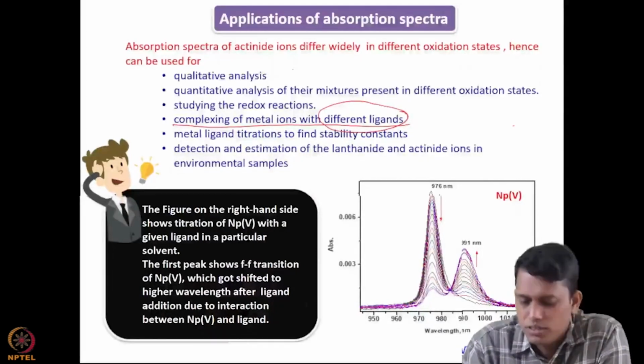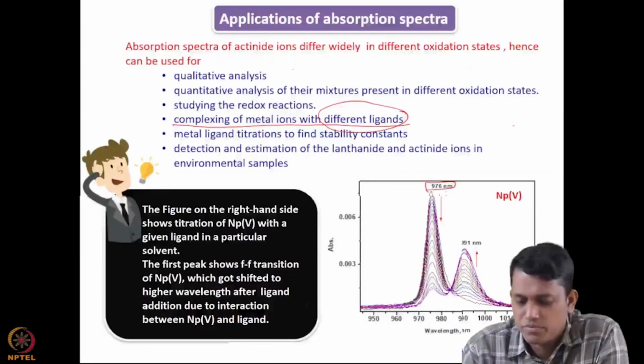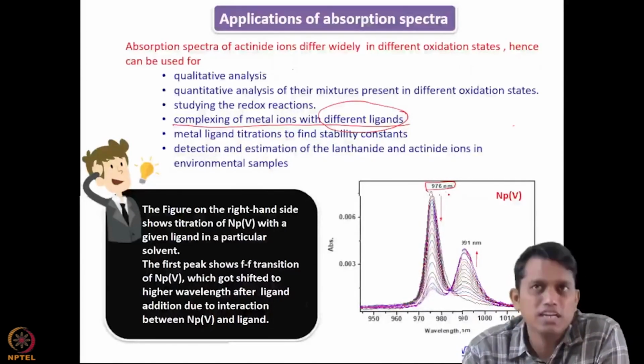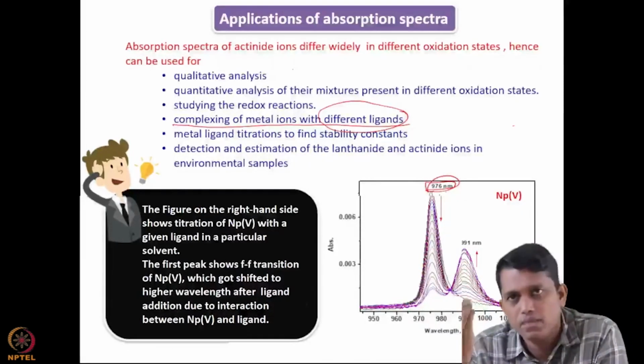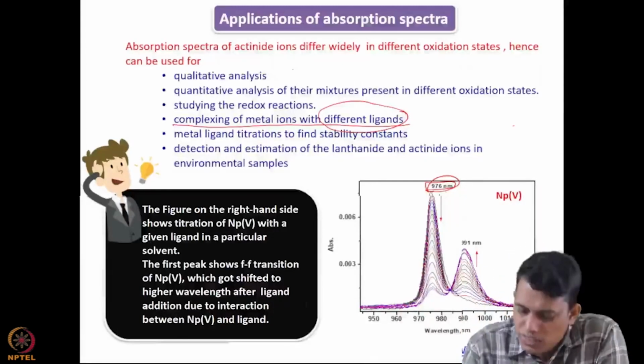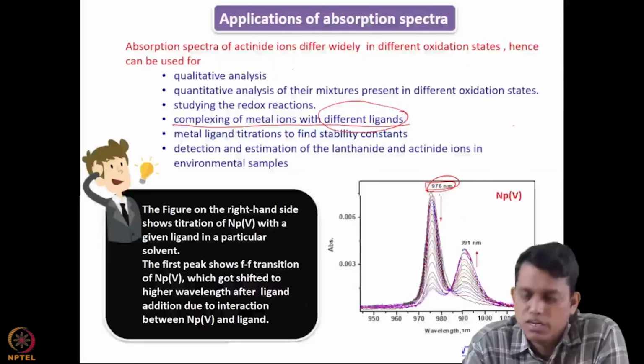Suppose you have a solution in which neptunium is coming around 976 nanometer. This is the solution which I have specifically prepared in some kind of ionic solvents, so the peak is not at 980 but a little on the lower side. In that particular solvent I have added some ligand, and you can see that the peak is shifting from 976 to 991.